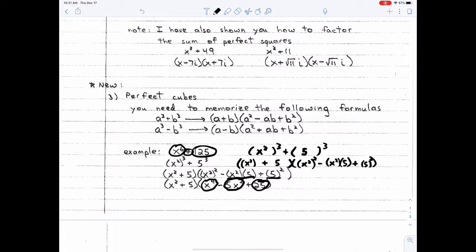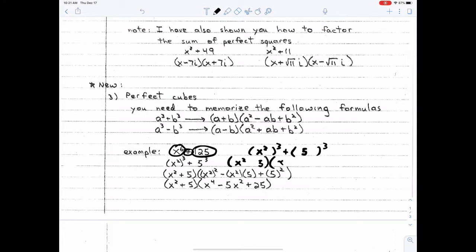So again, let me go through that again more slowly. X squared is the first one, and 5 is the second one. So I take the first one, and then the second one.